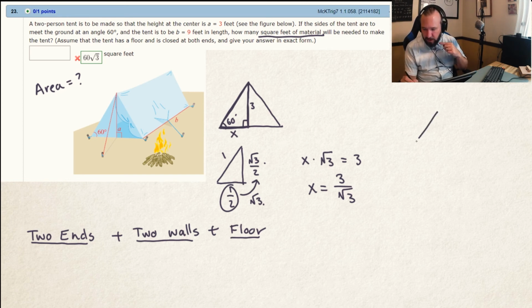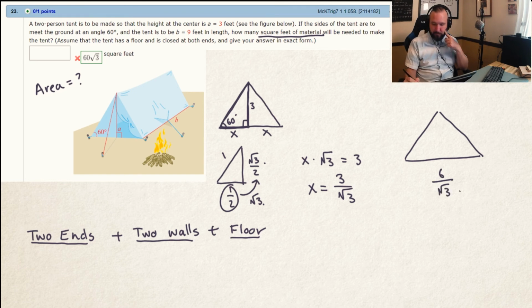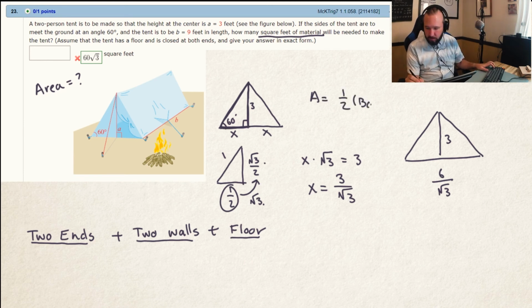So actually the tent, the whole thing, there's 2, right? There's an x there and there's an x there. So if one of them is 3 over the square root of 3 and you got to double it, then that whole length along the bottom is 6 over the square root of 3. Okay. And also they tell us that the height of this triangle is 3. So remember that the area of a triangle is 1/2 the base times the height.